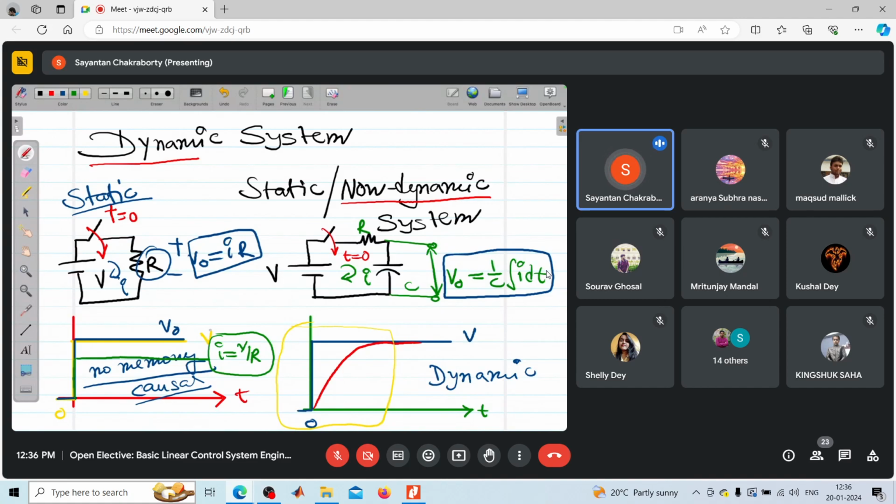So in the next class, we shall discuss how an LTI dynamic system can be described in terms of differential equations or integral differential equations, and then how to analyze those systems with the help of a very strong mathematical tool, the Laplace transform.